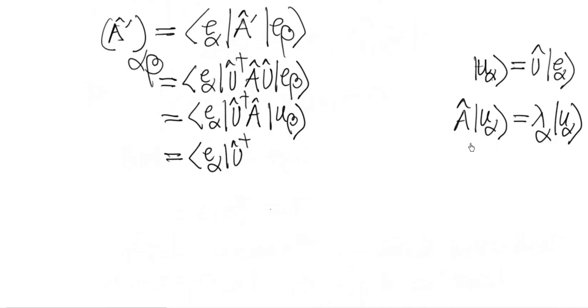So we can write down this, which is equal to lambda beta, the eigenvalue, which is a constant.